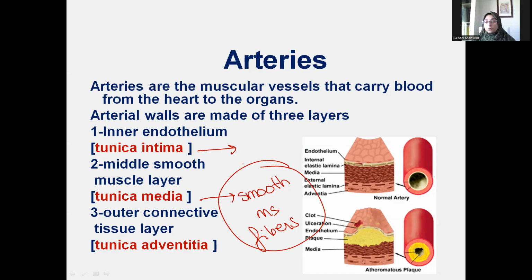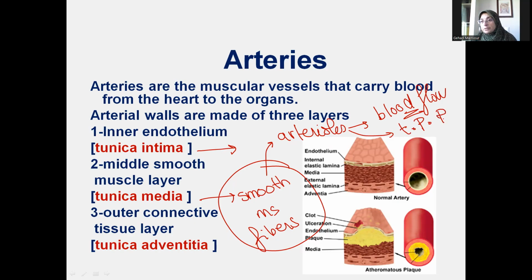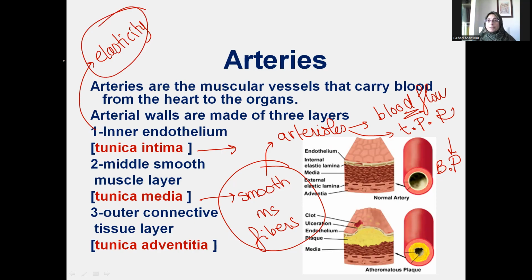In the arterioles in particular, this is very important to control blood flow to the tissues. So the main vessels that control blood flow to the tissues are the arterioles, and to control the total peripheral resistance, which controls the blood pressure.